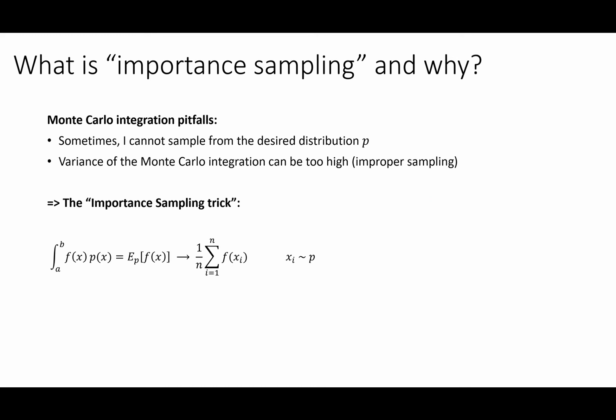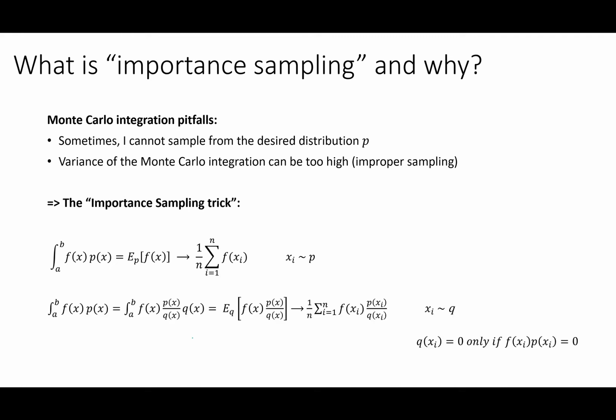And now, what is importance sampling about? It's this super cool trick. It's like the second best thing in this video. How does it actually work? Here we see the standard Monte Carlo thing, and now let's do the following. Let's multiply it by, again, this 1 over 1, which actually can be q over q, right?